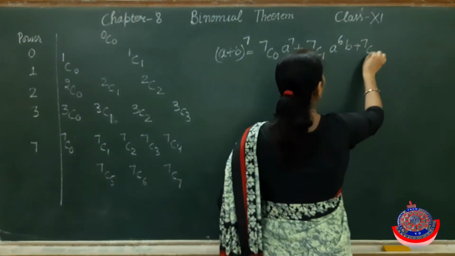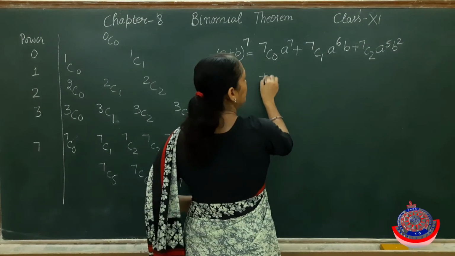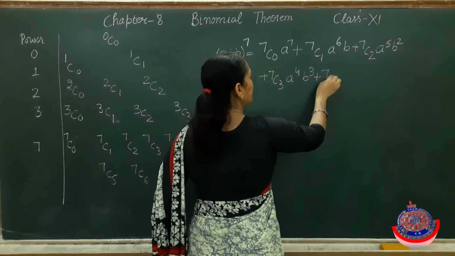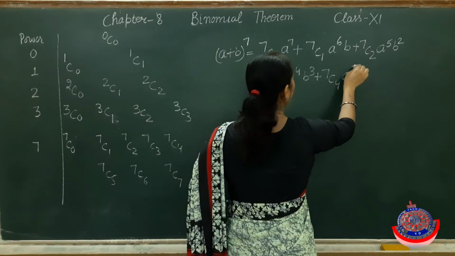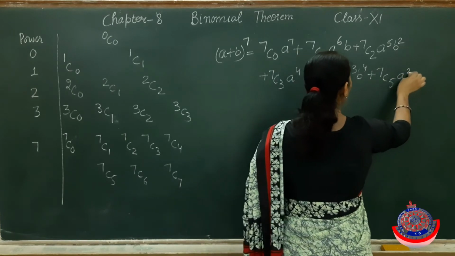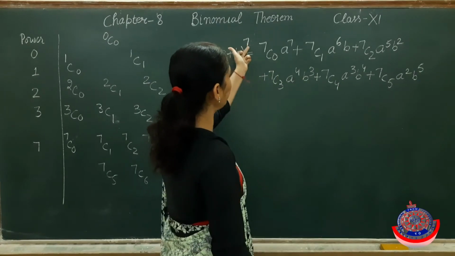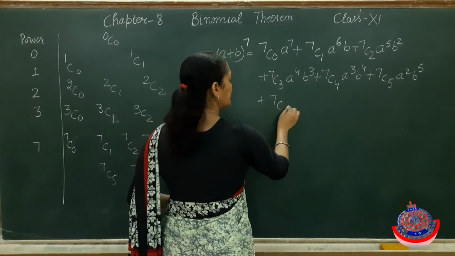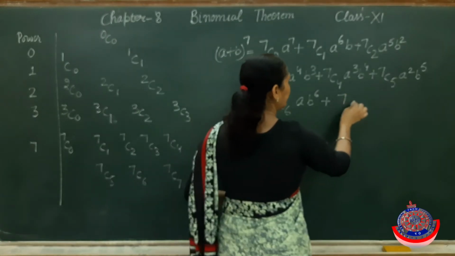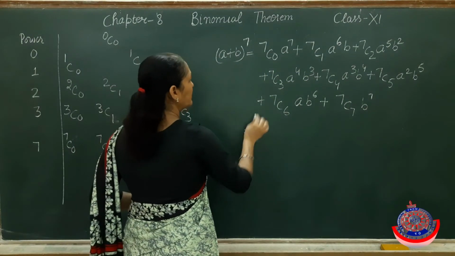Then 7C2, A5, B square. 7C3, A4, B3. 7C4, A3, B4. 7C5, A square, B5. The sum has to be total equal to 7. Then 7C6, A, B6 and 7C7, B7.